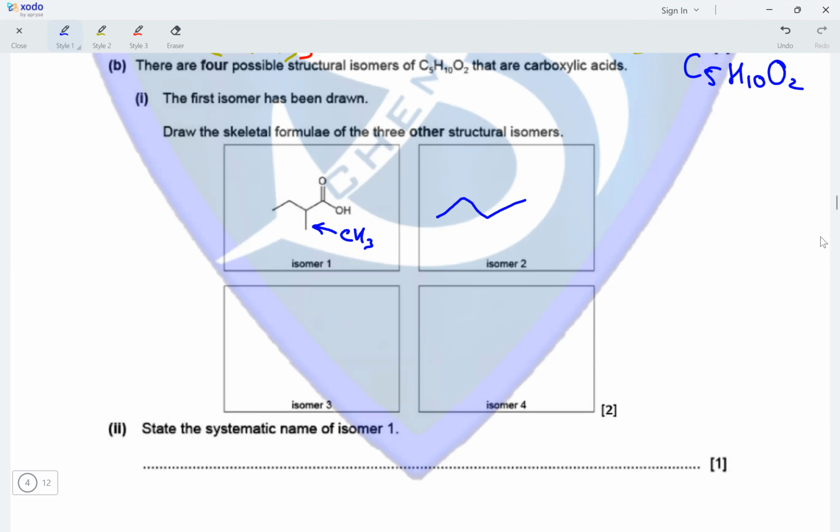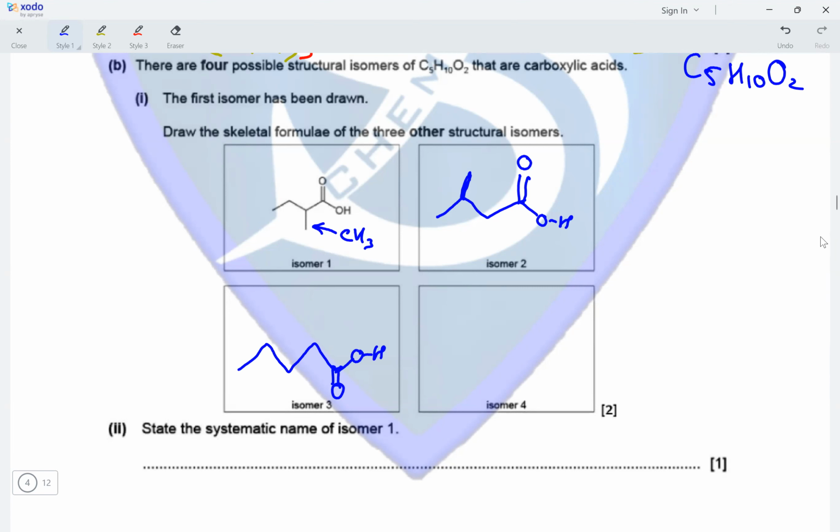This is the skeletal formula of the straight chain part of the molecule, and if we shift the CH3 to this carbon atom, we have got another molecule. What we can do is have a straight chain for the entire carboxylic acid, so 1, 2, 3, 4, 5. We can have a double bond O here and a single bond OH here.